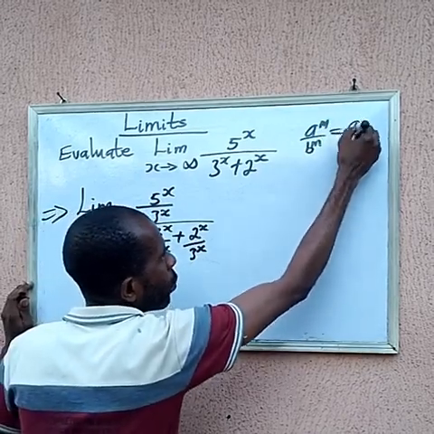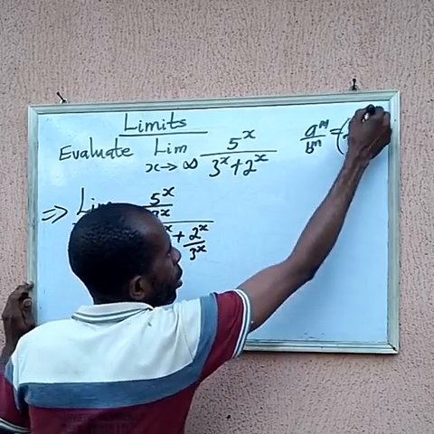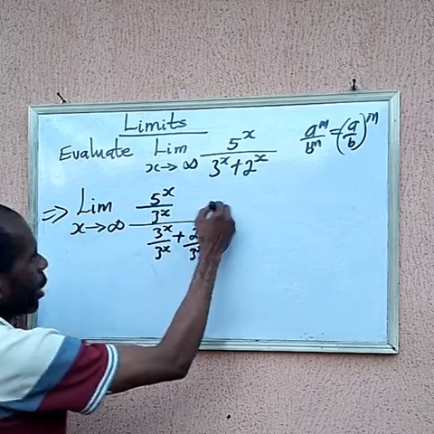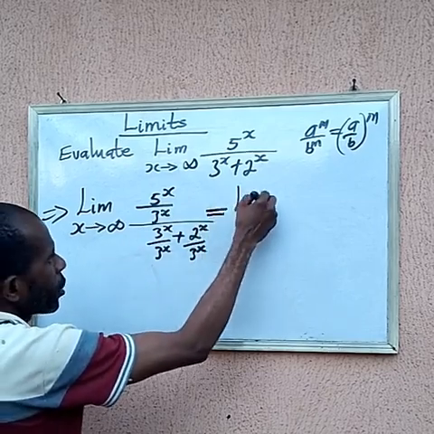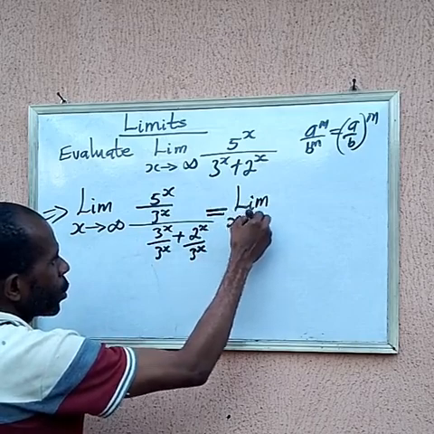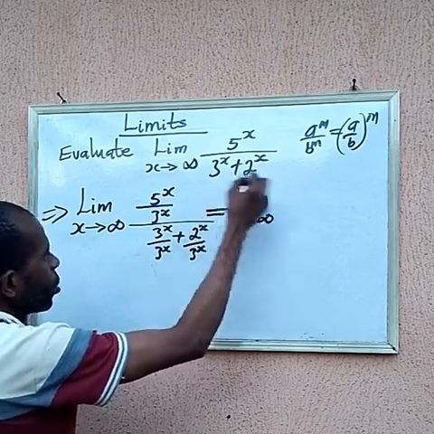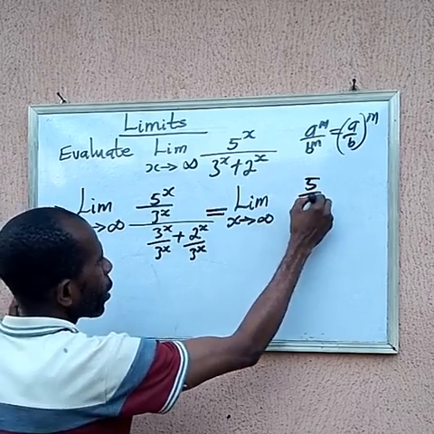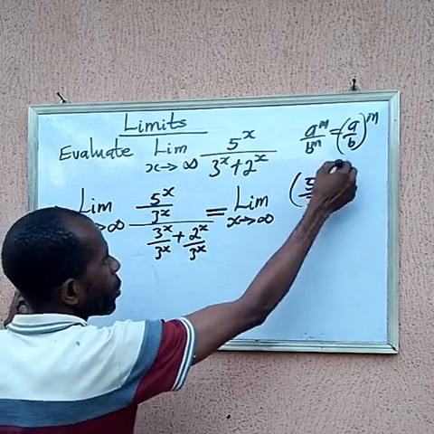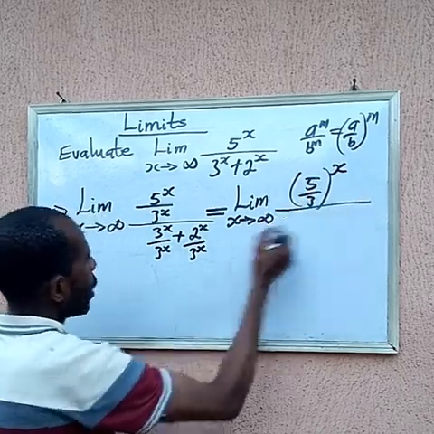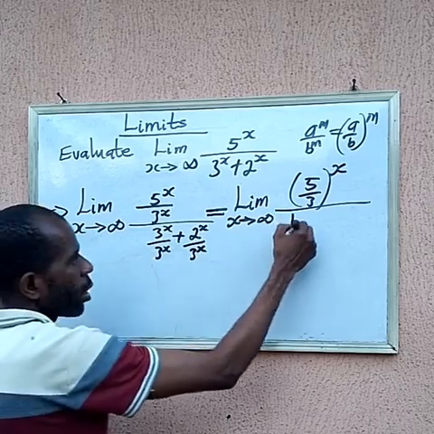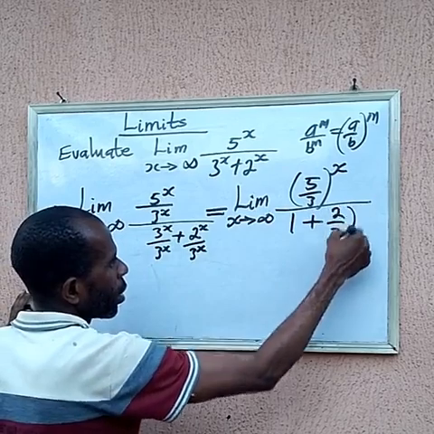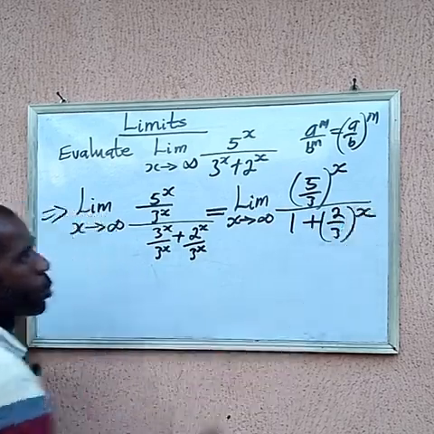So this will now give us the limit as x tends to infinity of 5 over 3, then put x here, everything all over. This one divided by this one is 1. We have 1 plus 2 over 3, then exponent x.